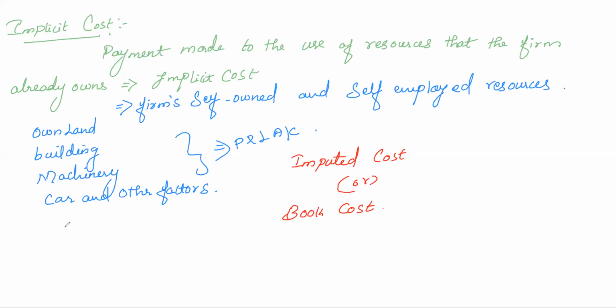So economic cost is equal to implicit cost plus explicit cost. The next one is economic cost.